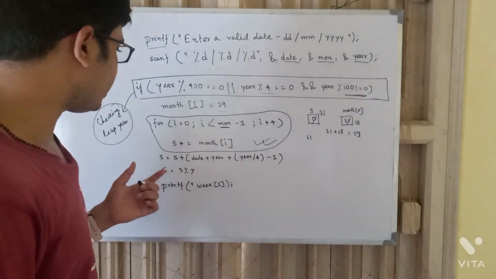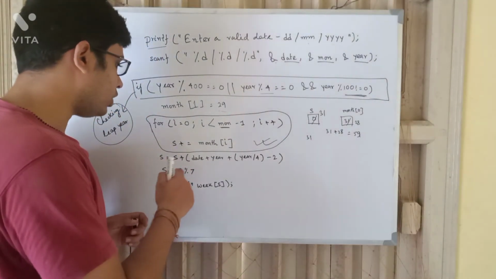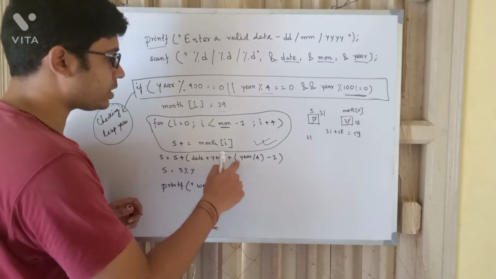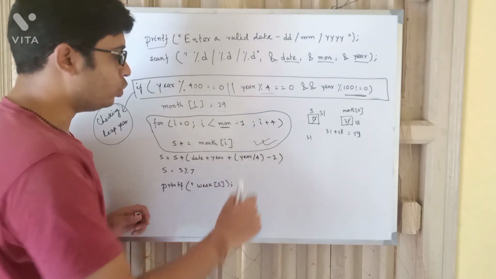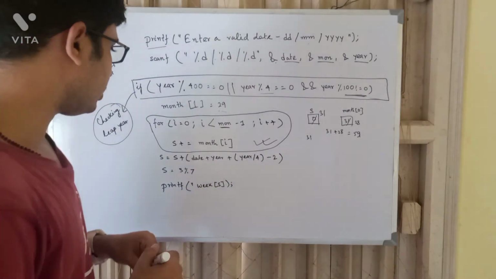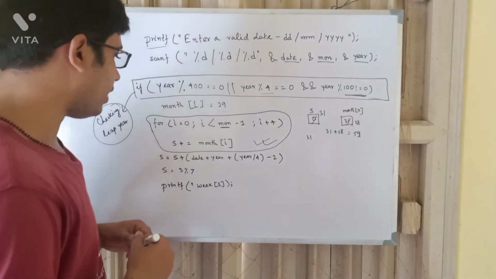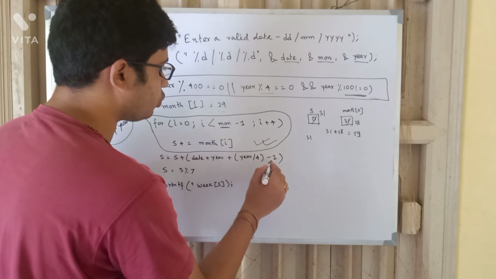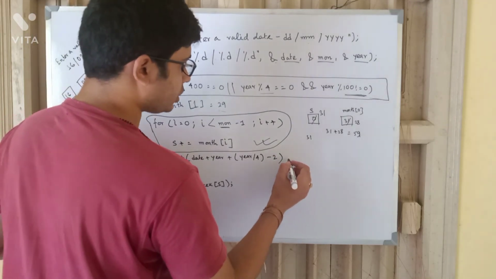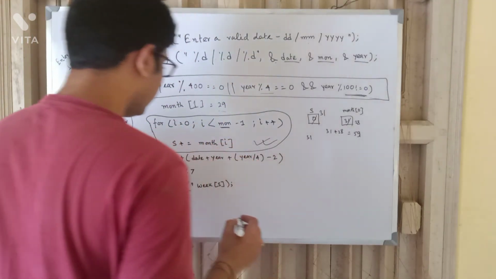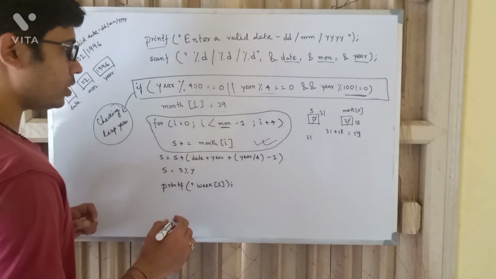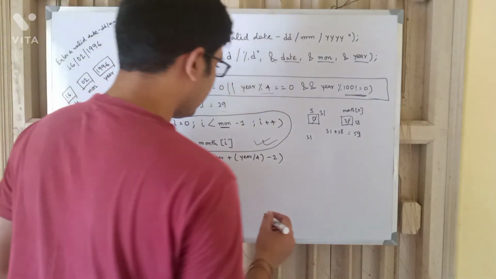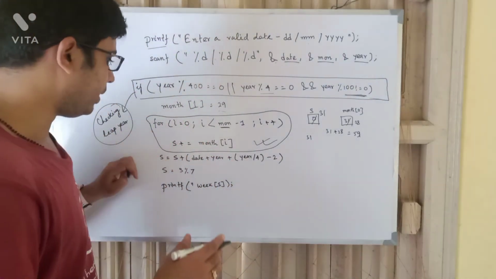And after that there is S equals S plus date plus year by 4 minus 2. This is a simple logic. Last we have to add the date plus year by 4 minus 2. You can find it out, it is not so problematic.